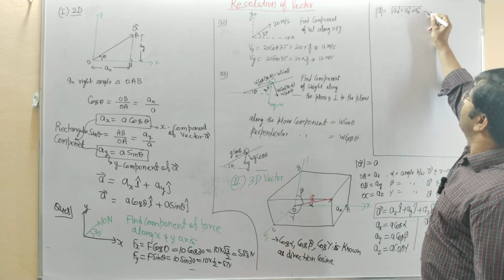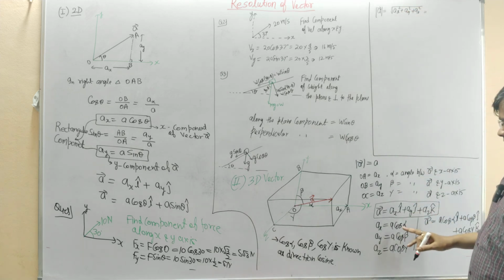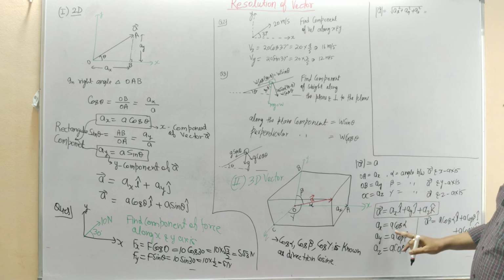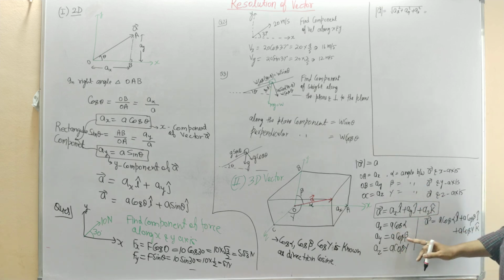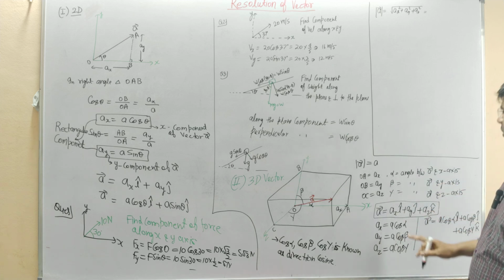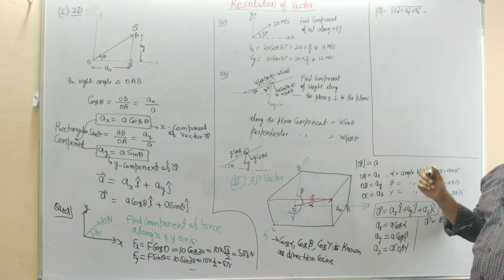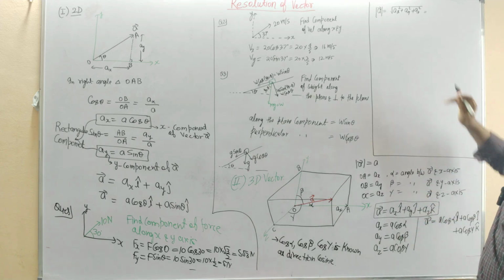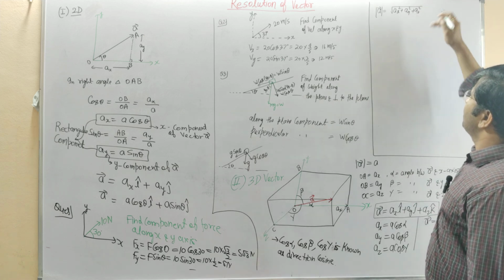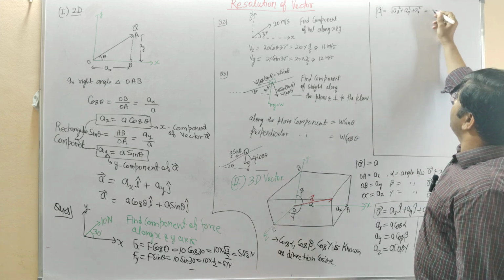This value will be A cos square alpha plus A cos square beta plus A cos square gamma, and we will see later on that cos square alpha plus cos square beta plus cos square gamma will be 1. So this is how we will find out the magnitude, and this value will be nothing but A.